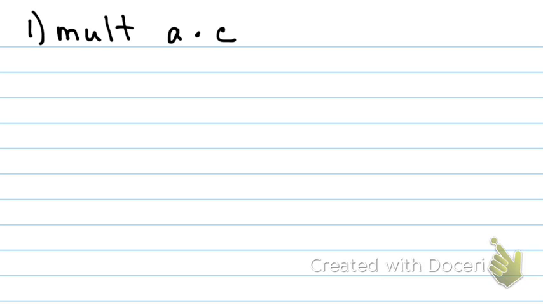Because if you stick the variables in there, you're going to make a big mess out of it. We don't want the letters, just the numbers. When you do that, you're going to get something that we're going to call AC. Because literally A, C stuck together side by side like that means multiply A times C. Now, of course, these are going to be numbers, so if it was like 2 and 8, what would AC be? 16. All right? Second step.